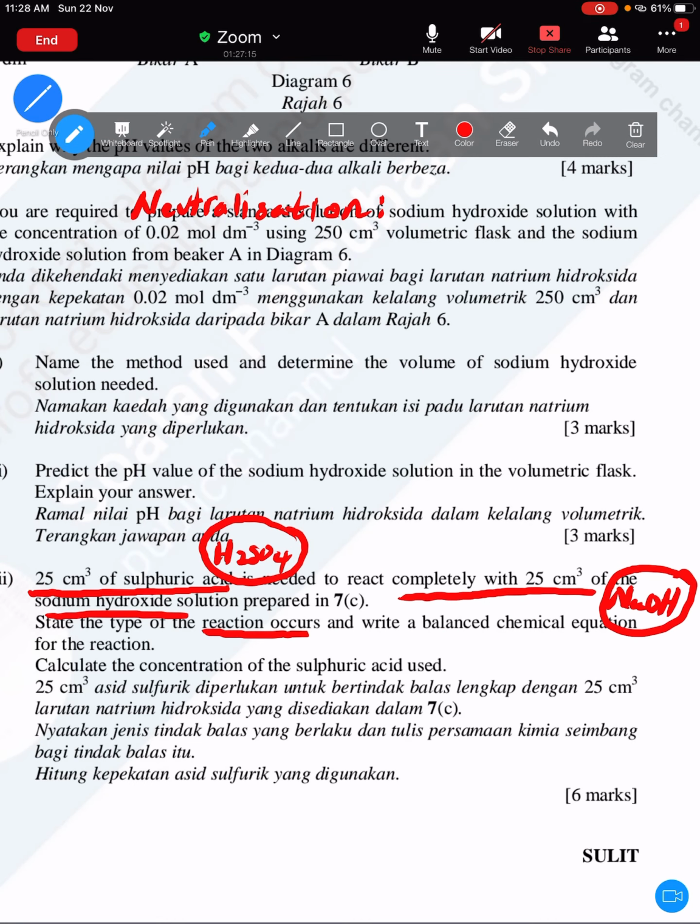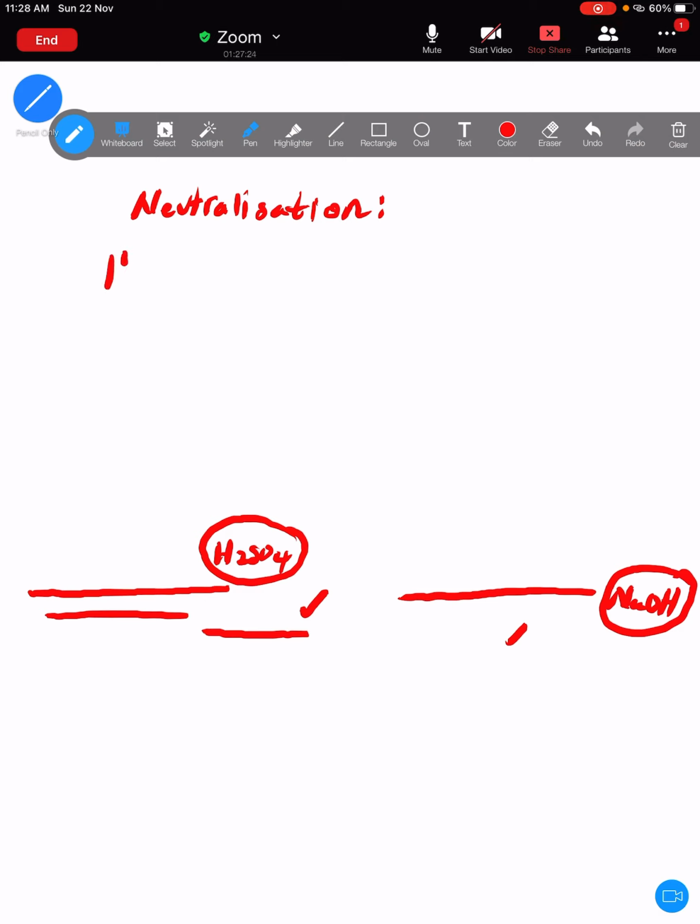Let's look at the next question. Write a balanced chemical equation for the reaction. You have H2SO4 reacting with NaOH, and this will give you Na2SO4 plus H2O.